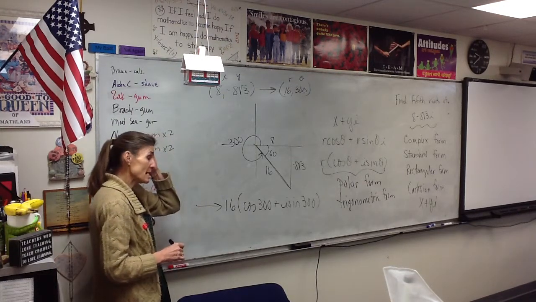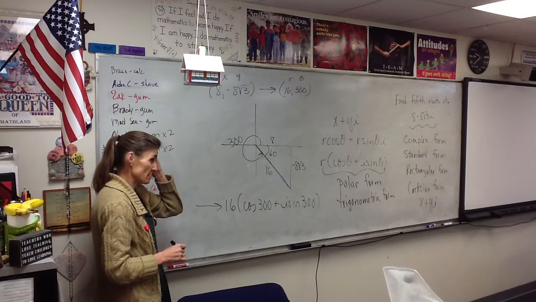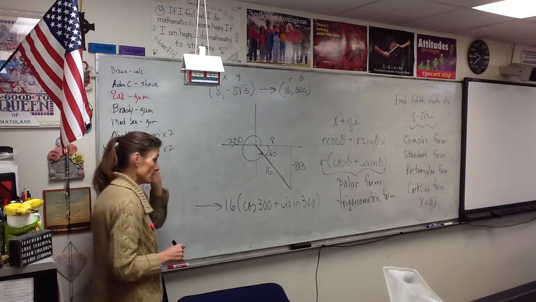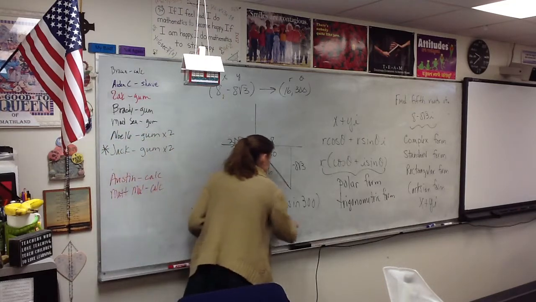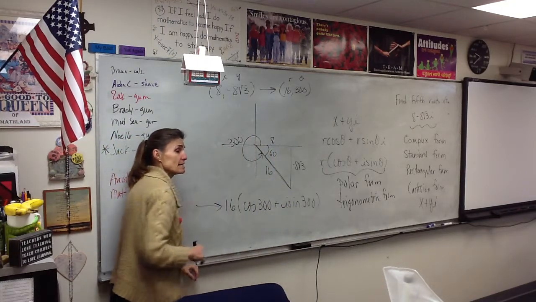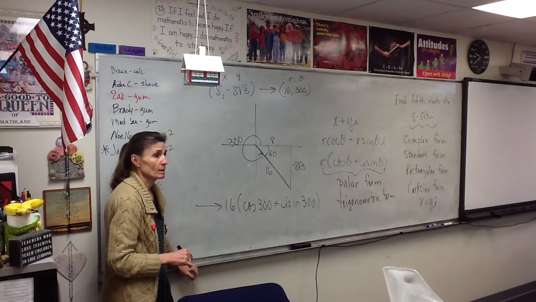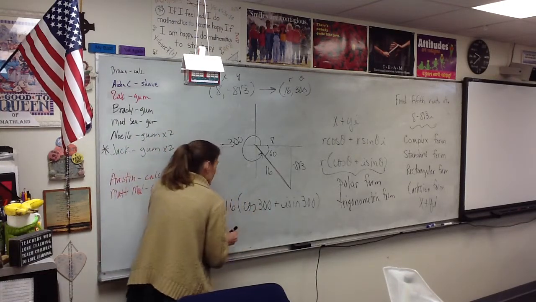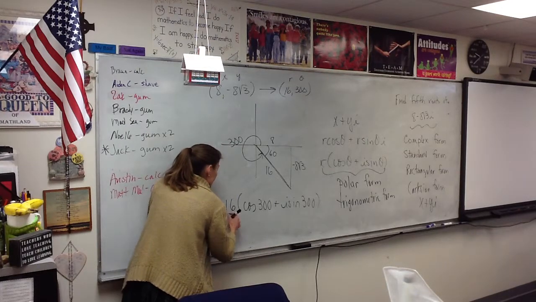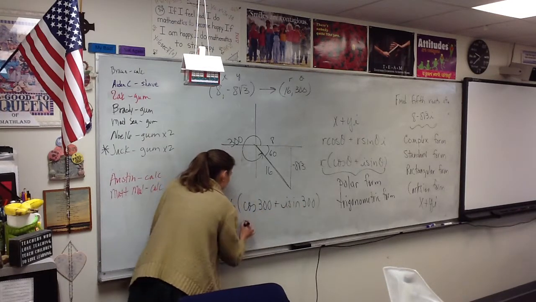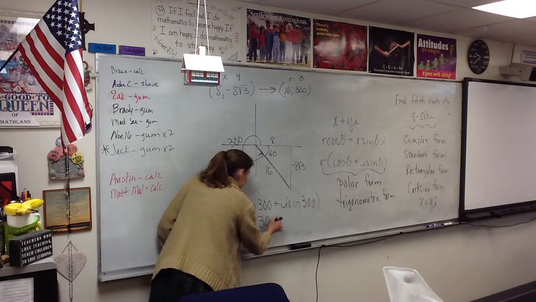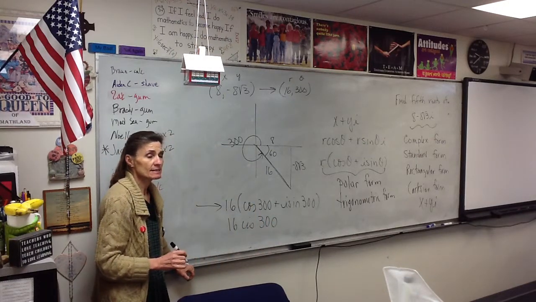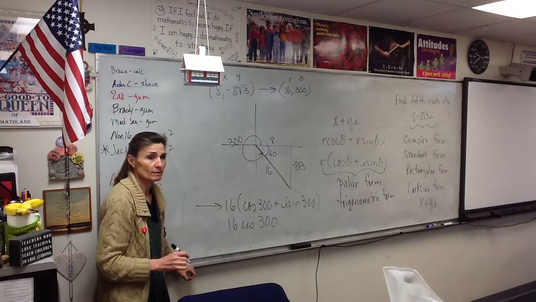Now, as we do more and more of these problems, this is going to get tedious, writing this out every time. We have a shortcut, which you are allowed to use. Instead of writing out all of that, you can write the number this way. 16 cis 300.